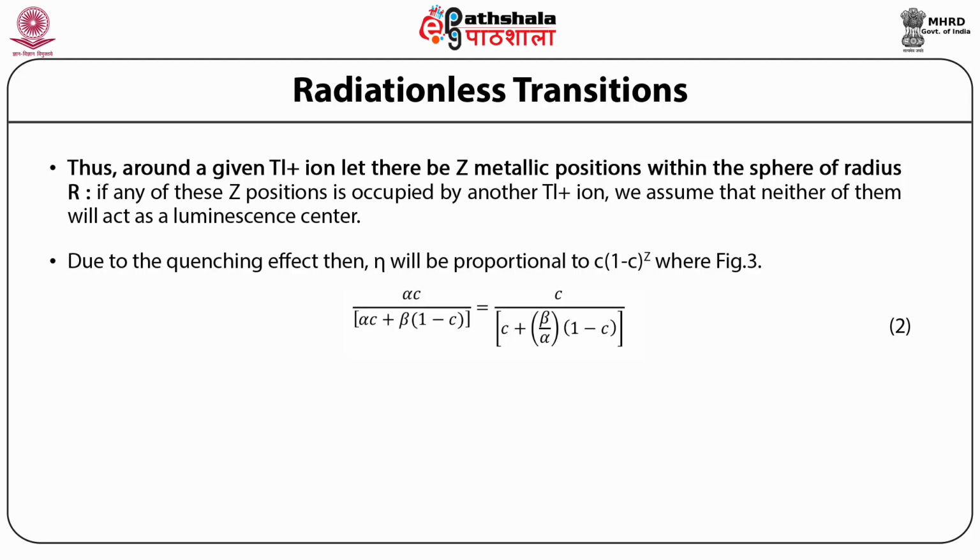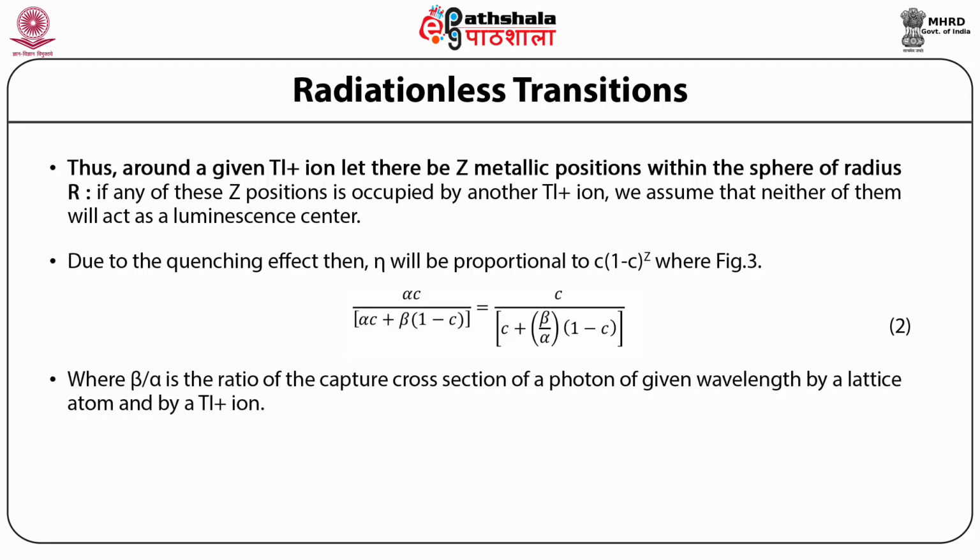This probability is given by an expression of the type alpha C/(alpha C + beta(1 - C)) = C/(C + (beta/alpha)(1 - C)), where beta/alpha is the ratio of the capture cross section of a photon of a given wavelength by a lattice atom and by a Tl+ ion. Evidently, the ratio beta/alpha will be a function of the wavelength of the exciting radiation. It also depends on temperature.